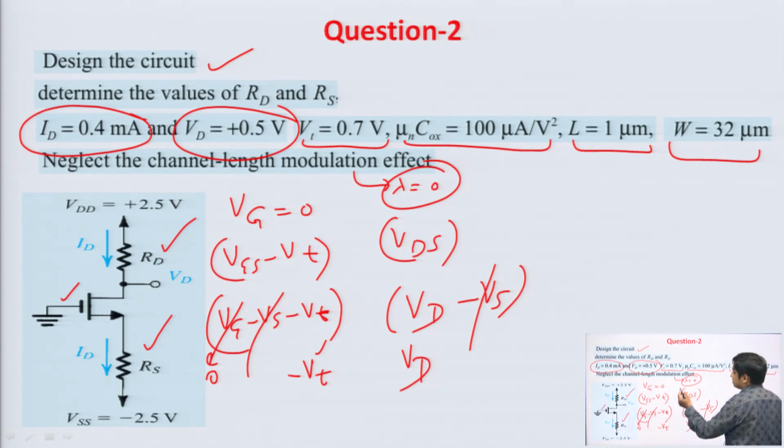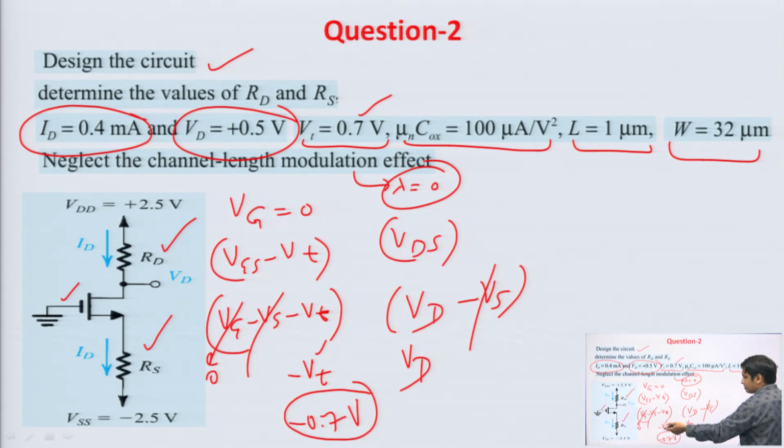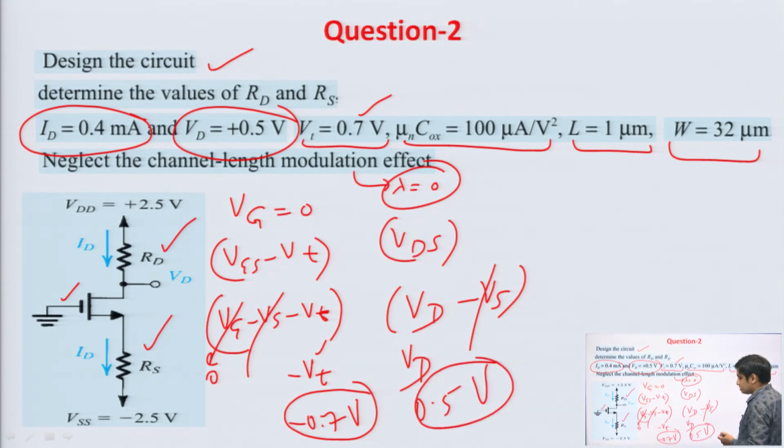VT is given, that is 0.7 volt, so the left hand side is minus 0.7 volt, and VD is given, that is 0.5 volt. Which quantity is greater, 0.5 volt or minus 0.7 volt? Your VD is greater. So, your VDS is greater than VGS minus VT, so your transistor is in saturation region.